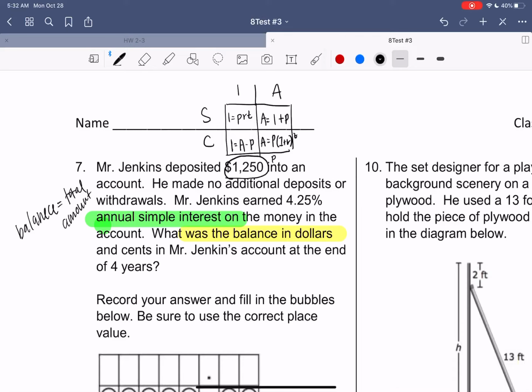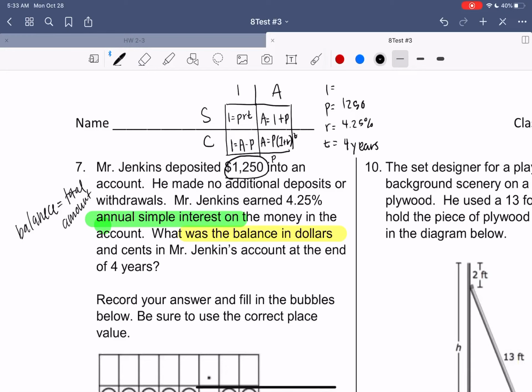$1,250 as our principal. So we have a principal of $1,250. We have 4.25% and time of 4 years.